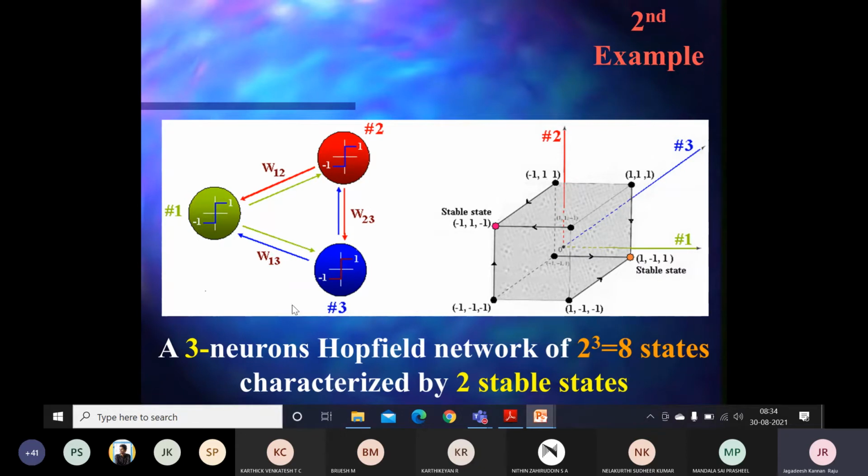With this, it may be given a cuboid kind of plot. This is a stable state, and this is also a stable state. So a cuboid kind of plot will be given if three neurons are involved in the half-wave network.